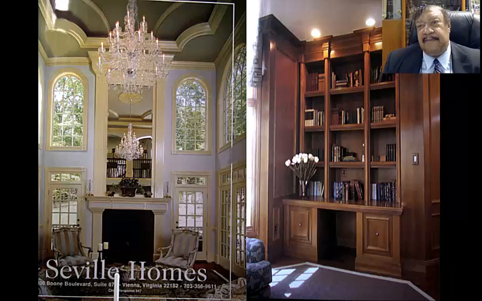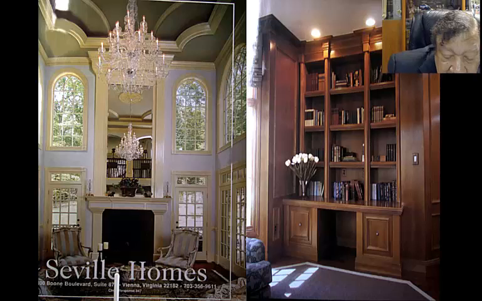For example, that cabinet on the right is made of wood. The fireplace there looks like marble. The chandelier looks like glass. And these are things that I want you to do as we complete and understand what is meant by sculpture.